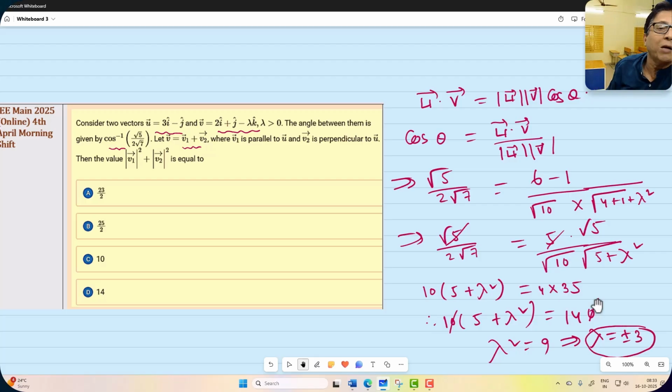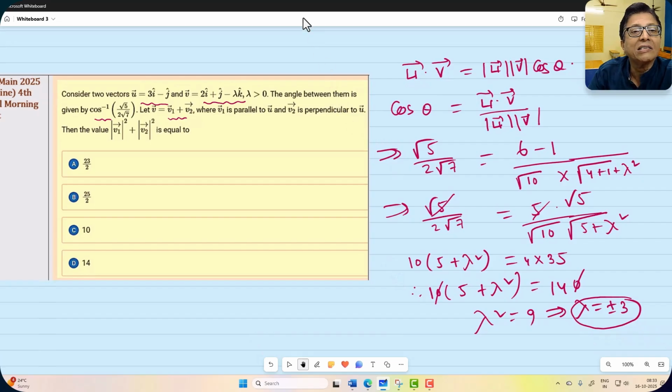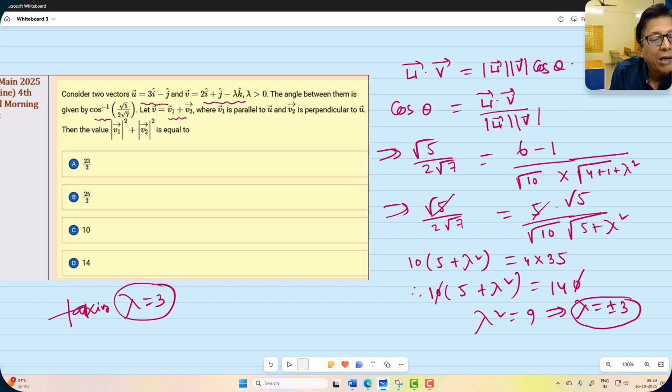Lambda value, hope you have understood, they have given lambda greater than 0, so we will accept lambda equal to 3. As lambda is greater than 0, we take lambda equal to 3, and we can write the vector V now.